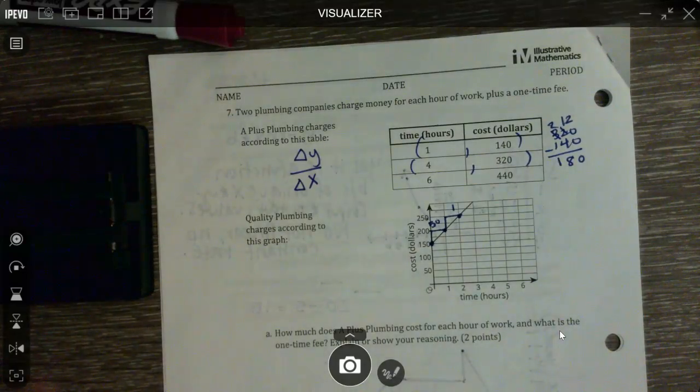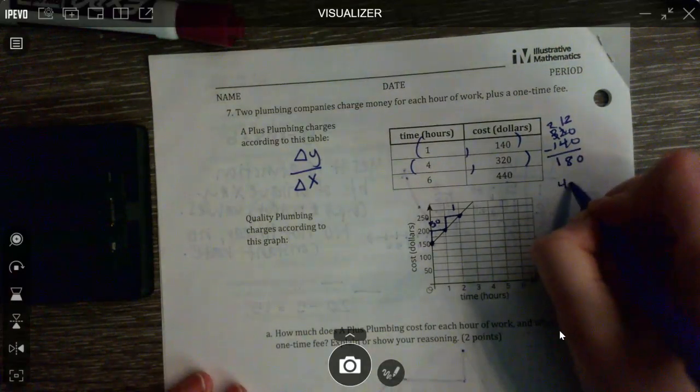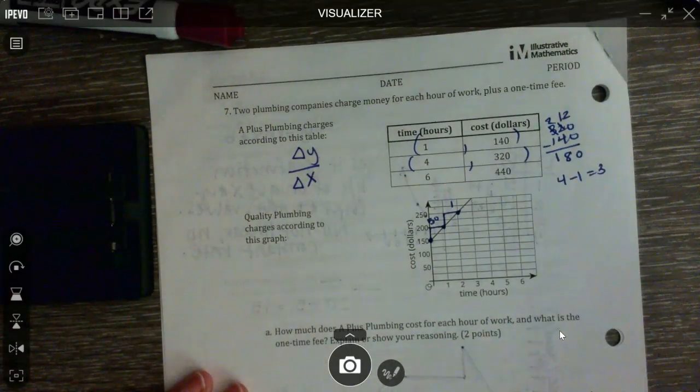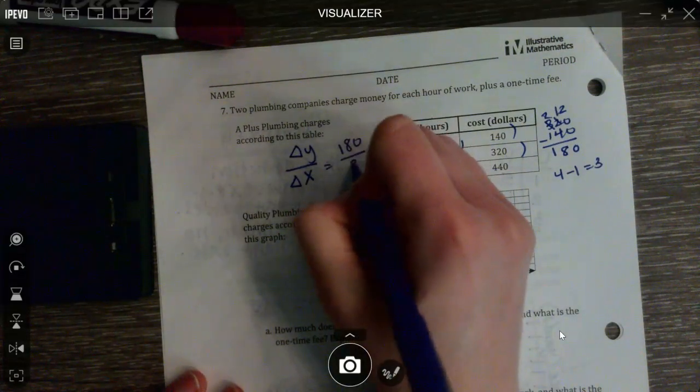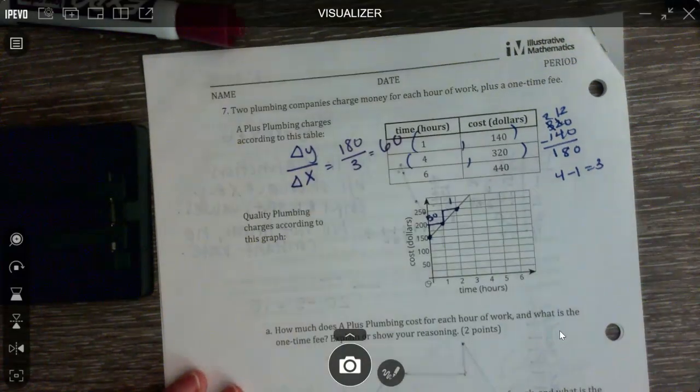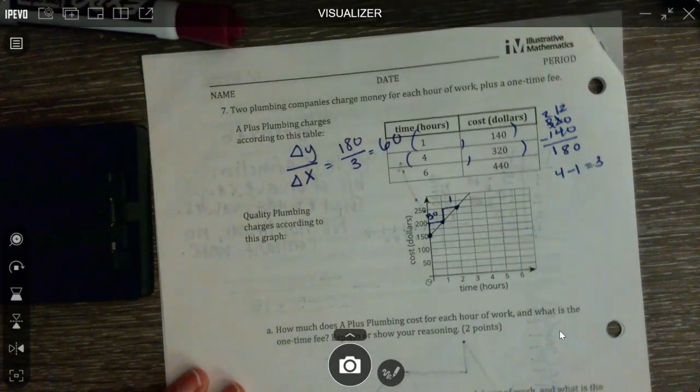So I've got 180 is the difference in the cost of dollars from 1 to 4 hours. And then if I subtract 4 minus 1, that's 3 hours. So to find the change in y over the change in x, it would be 180 over 3, which is the same as 60. So that is my fee, $60 per hour.